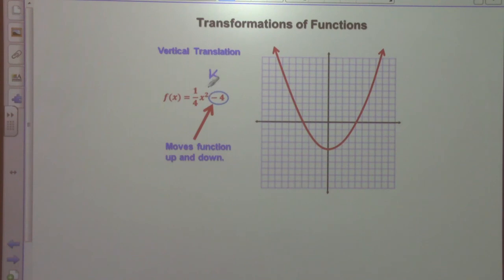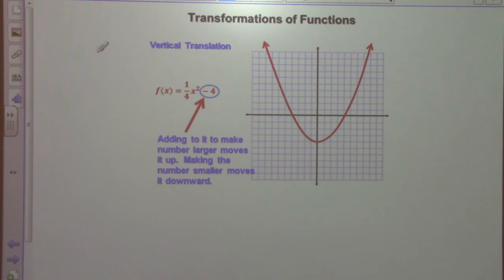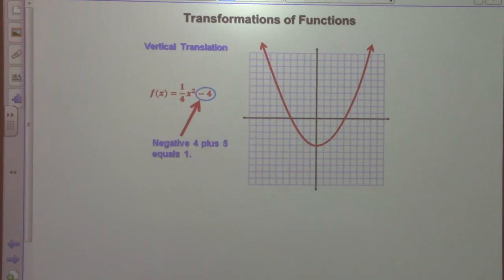So this k, now the h is the one inside here that moves the graph of the function left and right. The k on the outside, either plus or minus, is going to move the graph of the function up and down. So adding to it makes it larger.